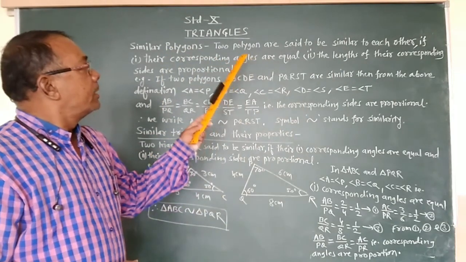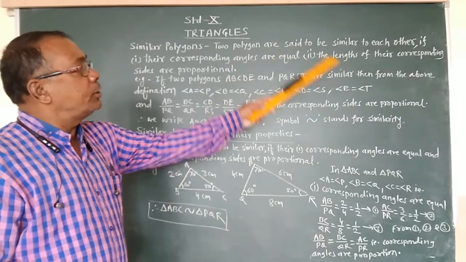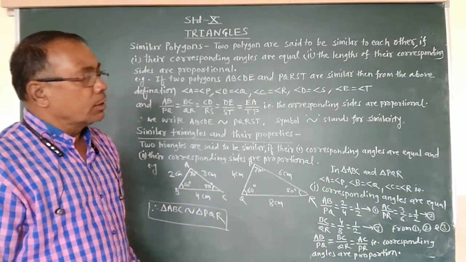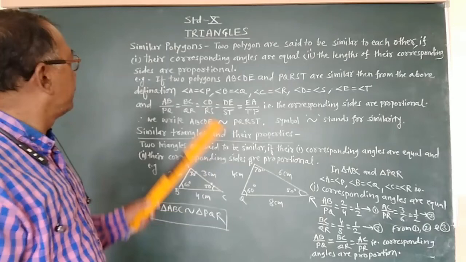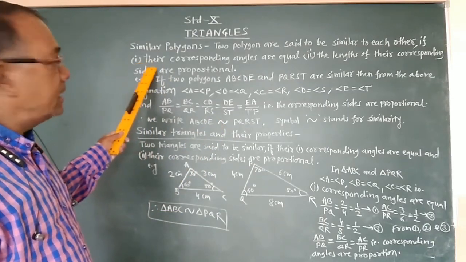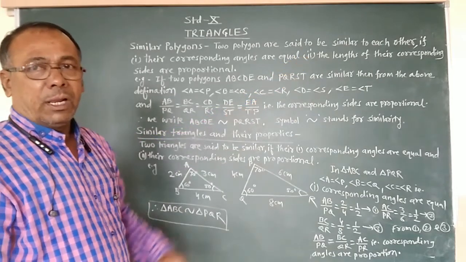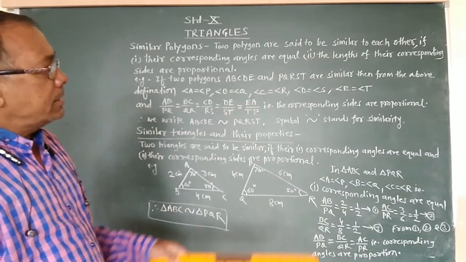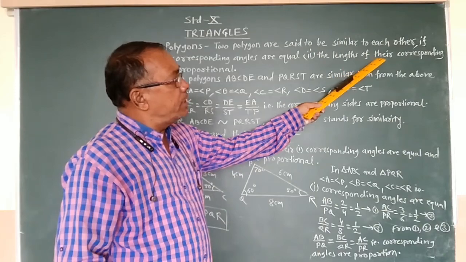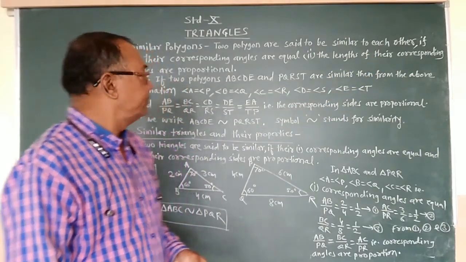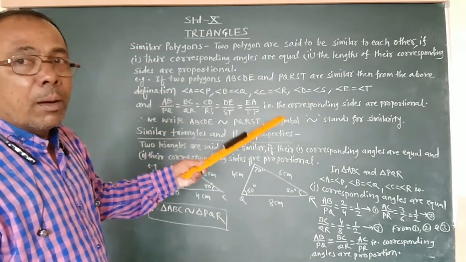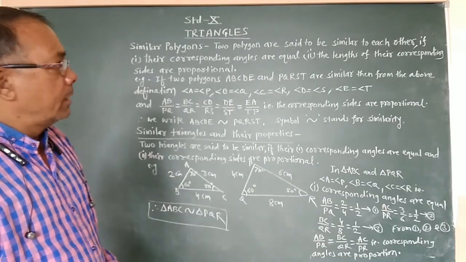Two polygons are said to be similar to each other if, first condition, their corresponding angles are equal, and the lengths of their corresponding sides are proportional.